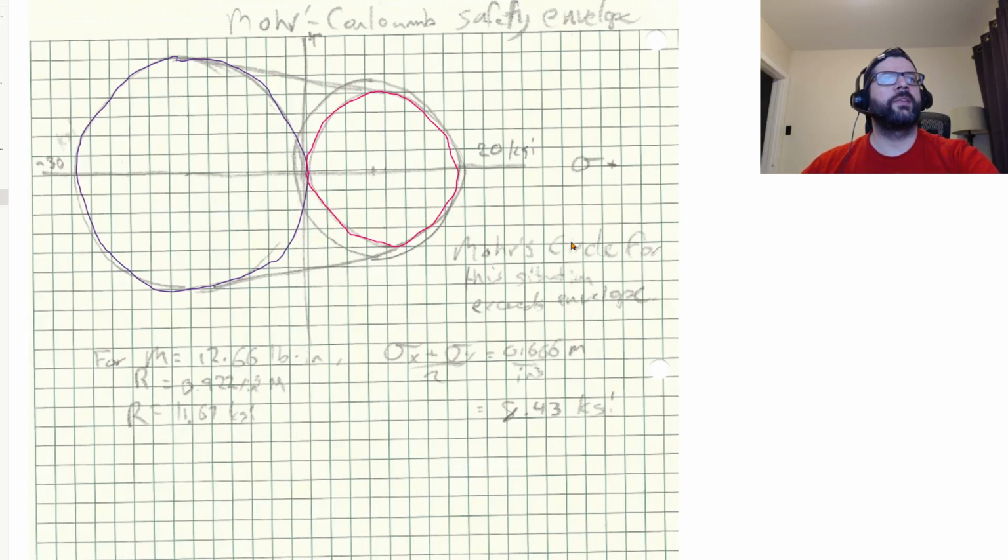That's our safety envelope. Any Mohr's circle for the stress state that we calculate needs to fit within here in order for the condition to be met, in order for it to be safe.